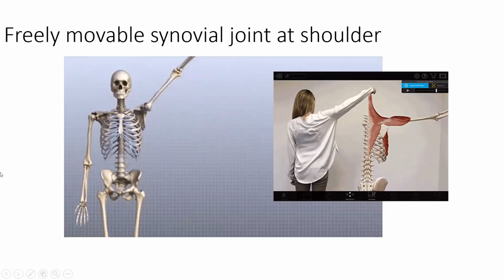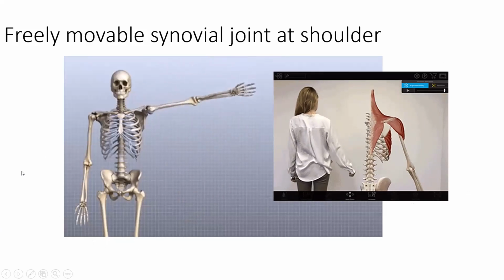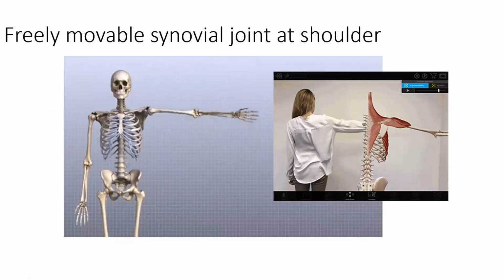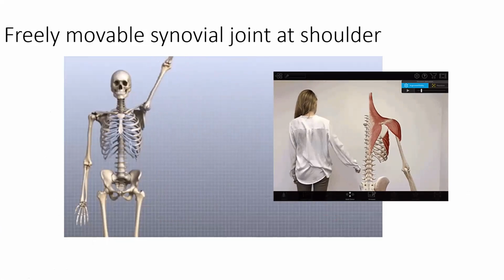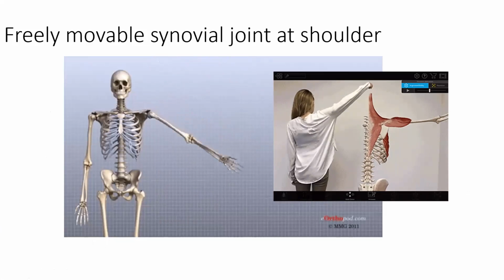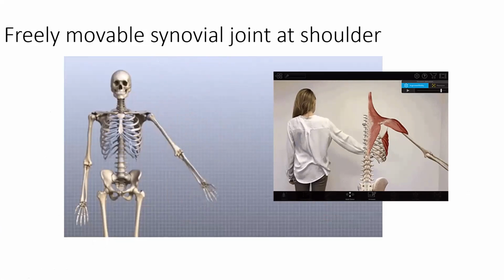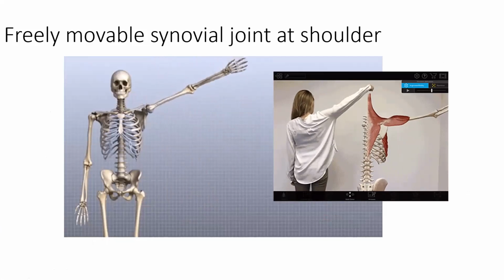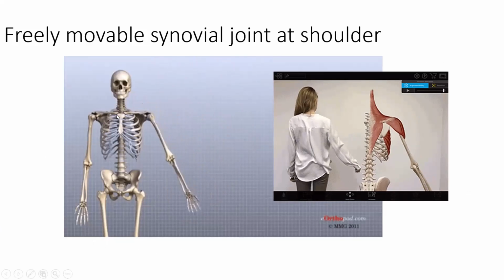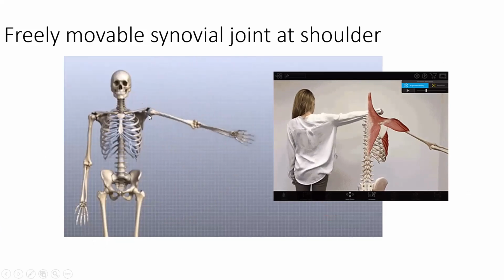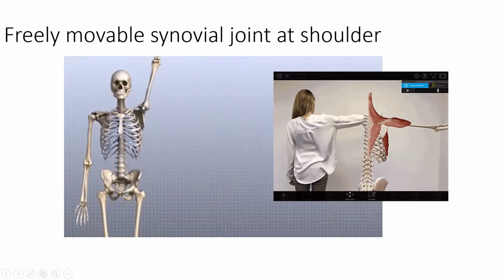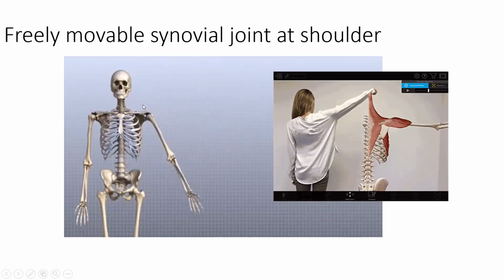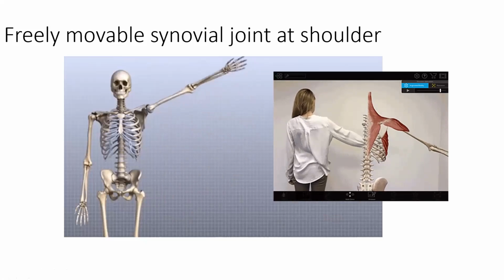So this shows you what a freely movable joint can do at the shoulder. You can see the range of motion that we have at the shoulder. That's a very complex joint there. We have our capsule surrounding the head of the humerus, the end of the scapula, end of the clavicle, and the scapula itself.